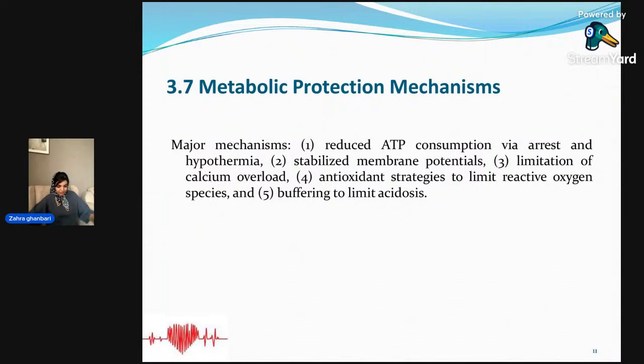Another injury is free radical damage, actually reactive oxygen species, or ROS. For preventing this, we should do reperfusion gradually. We add, for example, procaine, lidocaine, antioxidants in our cardioplegia solution, and reduce the temperature of the heart, and many other things that we must do to prevent this injury. So go to the next slide, please.